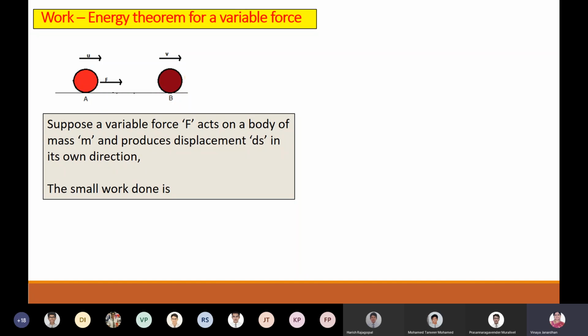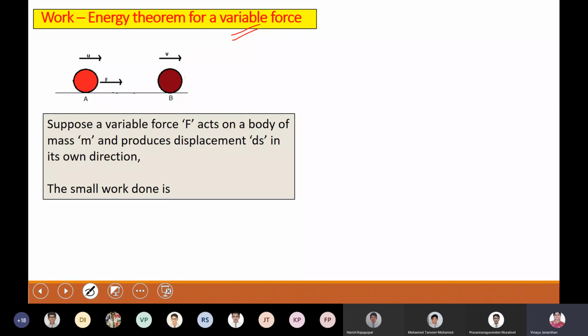If you do more work on an object, the change in kinetic energy of the object will be greater. Now, in the previous case, we derived it considering the force to be a constant force. Now, let us derive an expression when the force is a variable force.